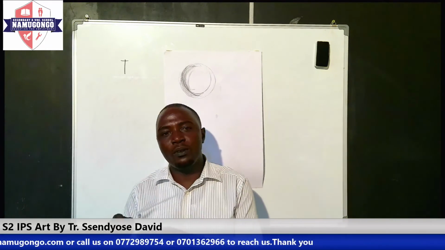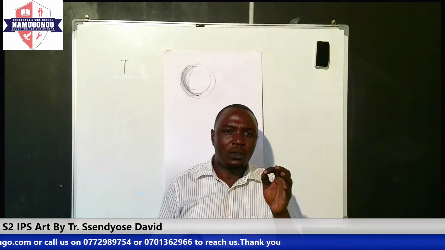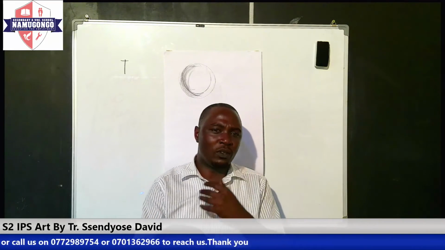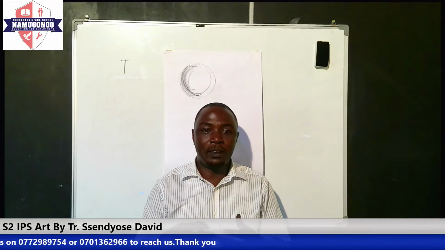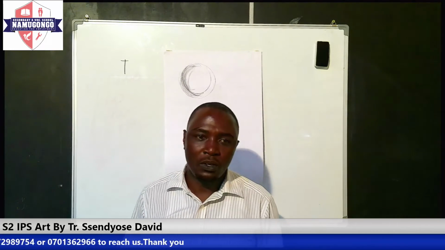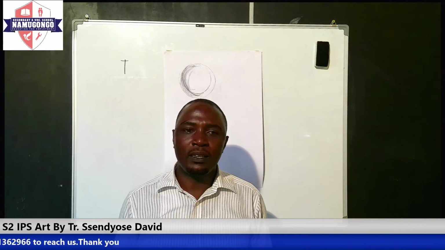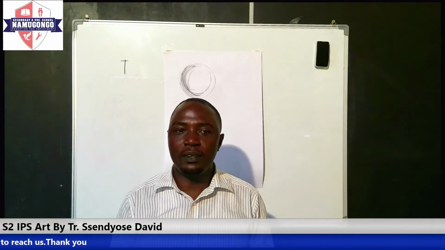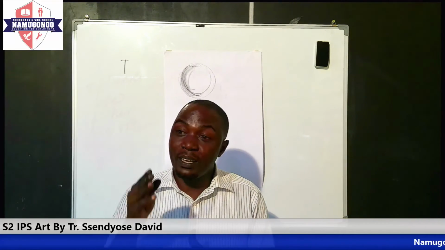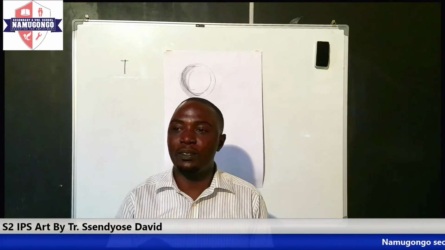So having looked at that, I want us to look at some of the illustrations or demonstrations that we can use to show the different techniques used in shading. We are going to start with what we started with, and those are the hatches.